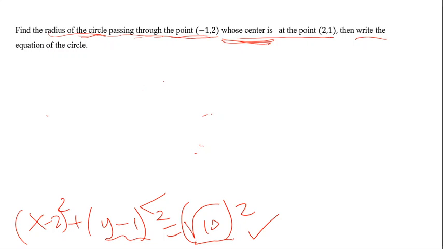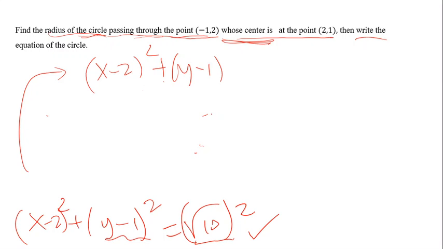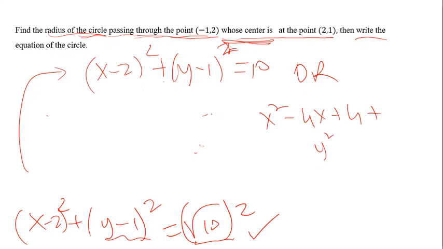So either you can write it this way, or x squared minus 4x plus 4 plus y squared minus 2y plus 1 equal to 10.